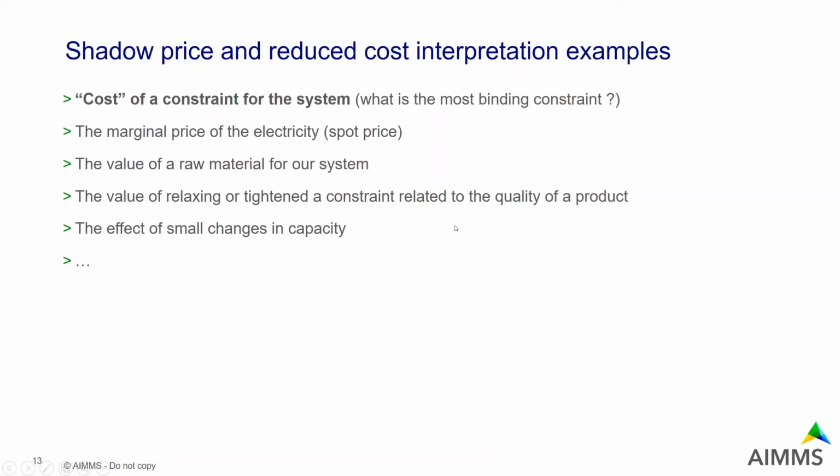If I have some tolerances on the quantity of the raw materials, I will be able to quantify them thanks to the shadow price and the reduced cost. Overall, there is the effect of small changes in the capacity, as is well known in electricity. If you want the shadow price of a certain capacity, how would this impact your objective function?